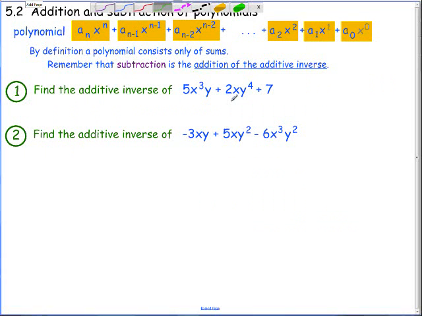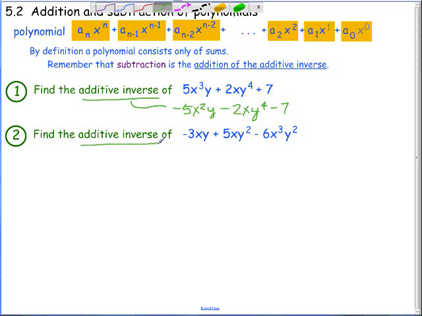Find the additive inverse of this. The additive inverse, we just reverse the signs of every term. Becomes negative 5x squared y, negative 2xy to the fourth, negative 7. There's my additive inverse.